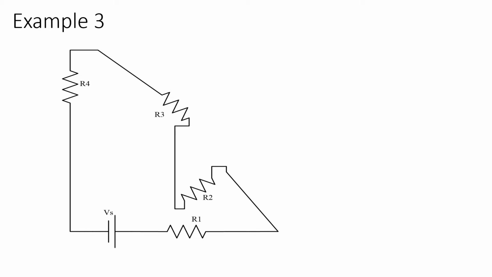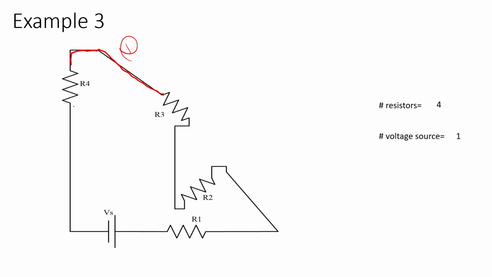In example 3, again we have 4 resistors, 1 voltage source. Whenever there is a connection between two electrical components, there is a node. So the connector between R3 and R4 is one node, number 1, for example.